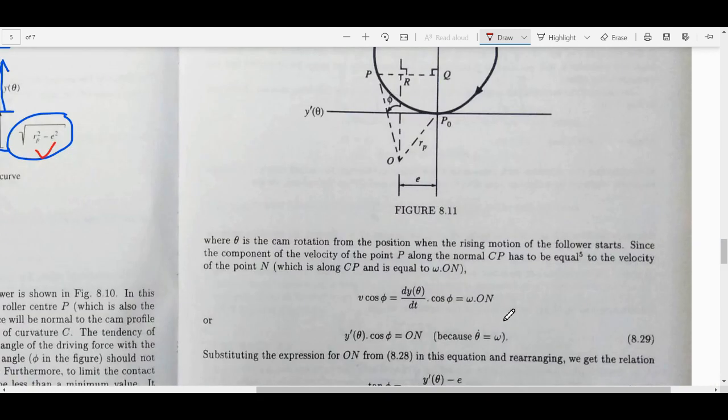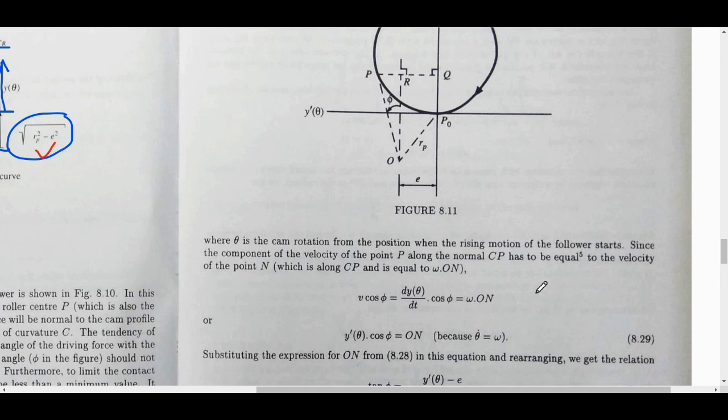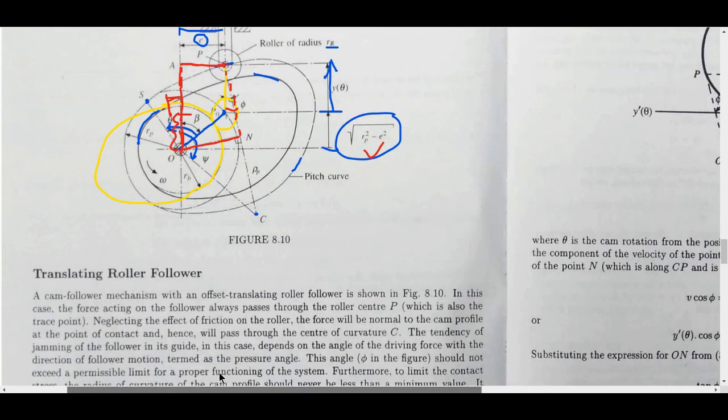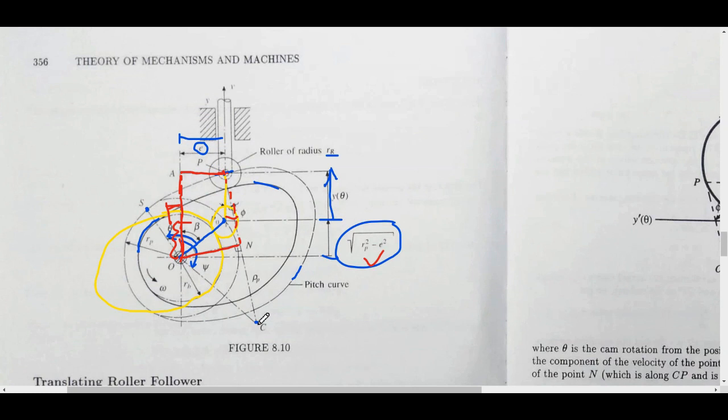The other observation is the component of velocity of point P along CP. So we come here, this line from C to P. Now, the component of the velocity of P along CP has to be what? That is what we want to know.